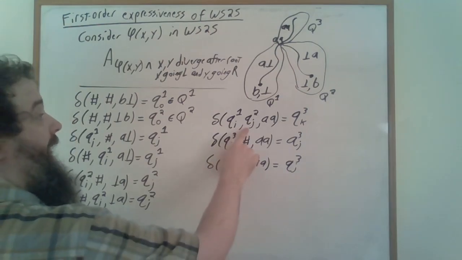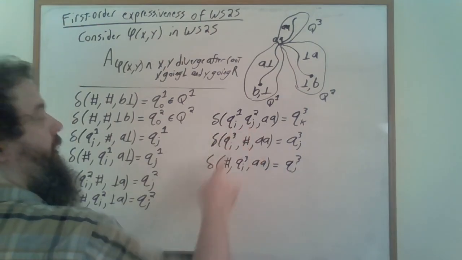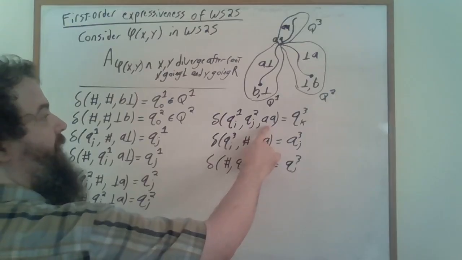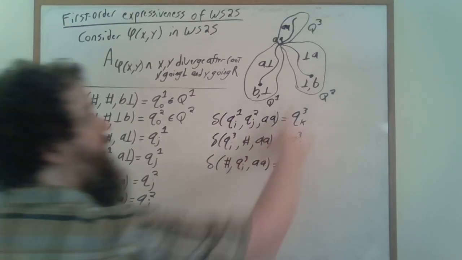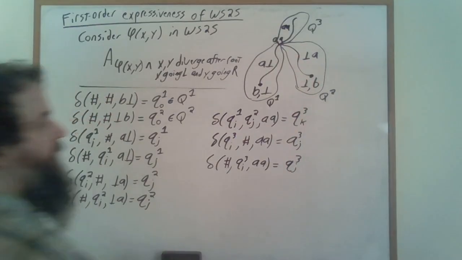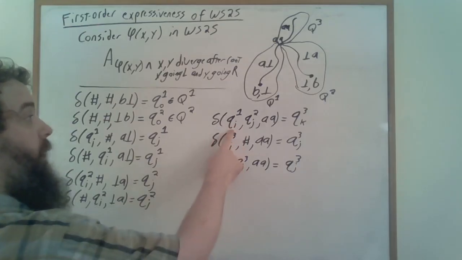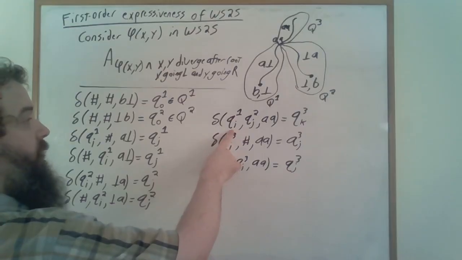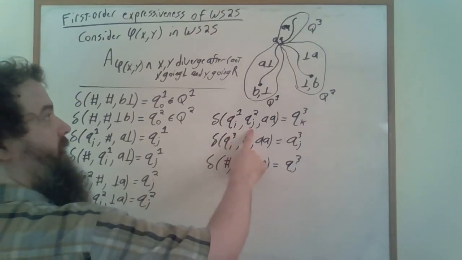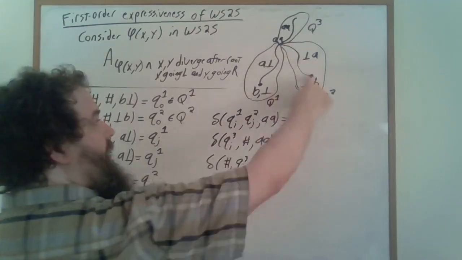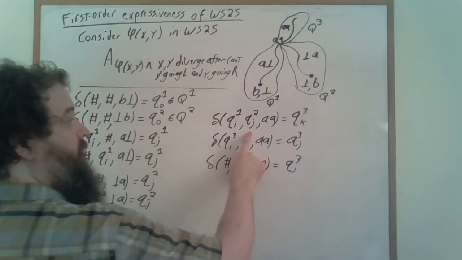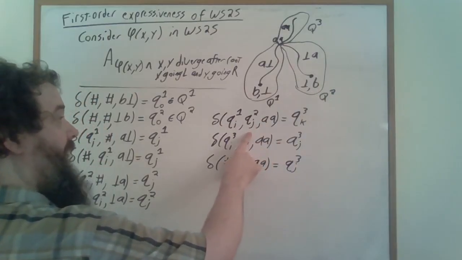And now kind of the really interesting bit are the transitions that look like this, where we have a node that has two children. This node has to have the character AA associated to it. It's going to be our branching point. The node to the left is going to get some state in Q1 associated to it, let's say Qi. The node to the right is going to get some state in Q2 associated to it, let's say Qj.